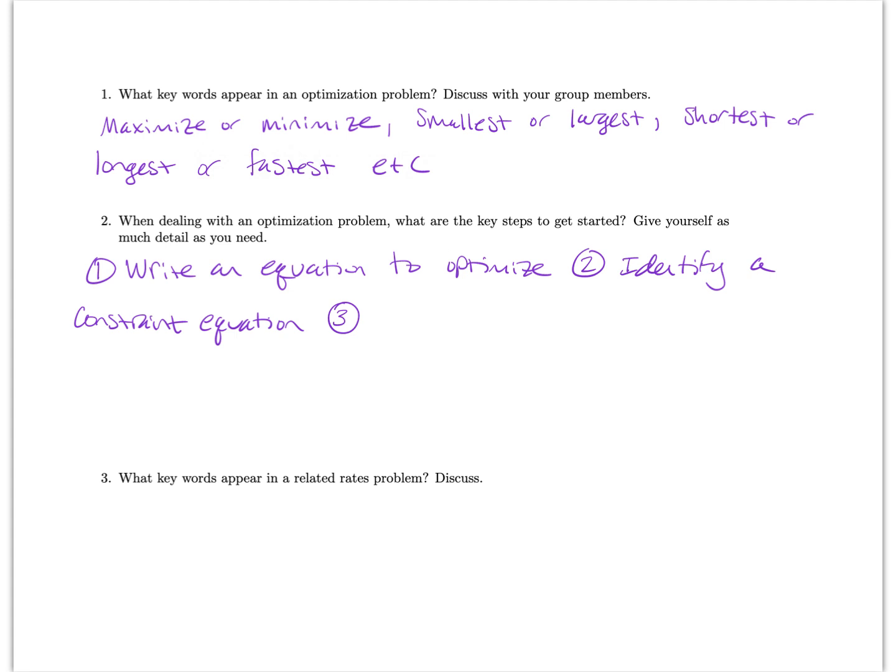Oh, and you use the constraint to write the equation to optimize in terms of one variable only.